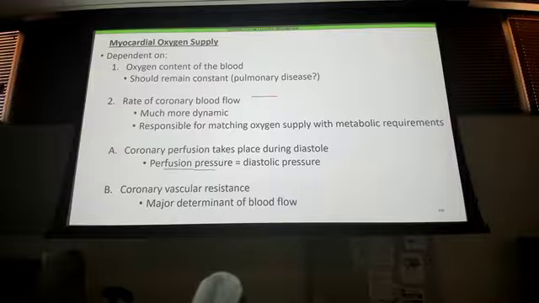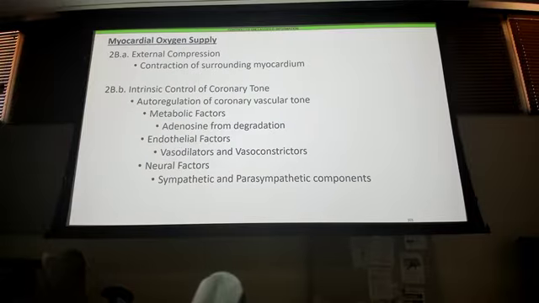There are multiple variables that affect how much blood is perfused through the coronary arteries. The first is the pressure of perfusion. Remember, these arteries are perfused during diastole, not systole. So is that diastolic pressure adequate to perfuse the myocardium? Then there's coronary vascular resistance. Is this a constricted or a dilated coronary artery? Is it allowing easy flow?